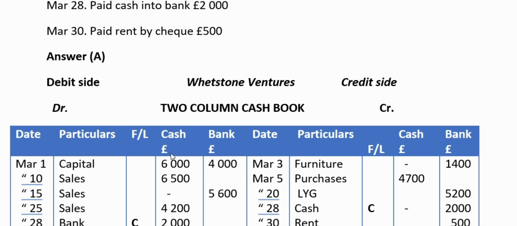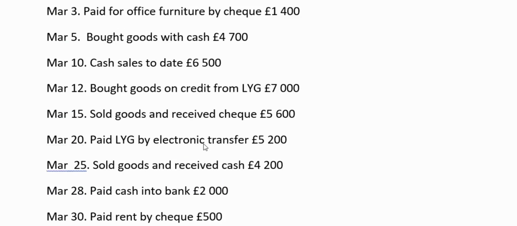The same things are mentioned, but the difference is that the debit side receives money while the credit side pays out money or funds. We have just mentioned March 1st, capital was invested, 6,000 in the office and 4,000 available in the bank account. Now let's go to the next date.